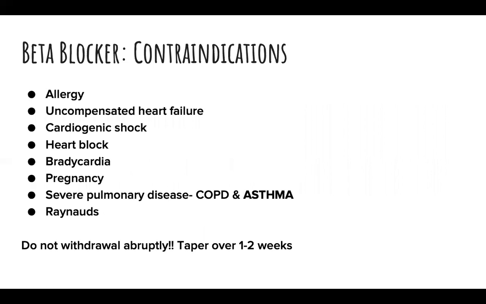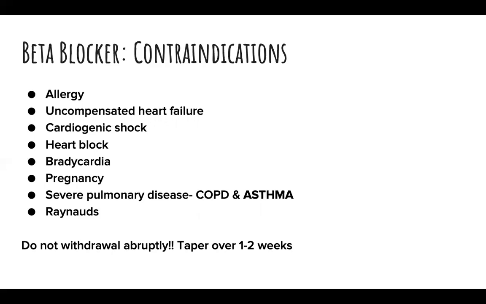Now, we have some contraindications. If we think about what is happening in the heart when we give a beta 1 blocker, what is a negative inotropic effect? Decreasing contraction in the heart. Now, when I decrease contraction in the heart, my heart is not going to beat as strongly.